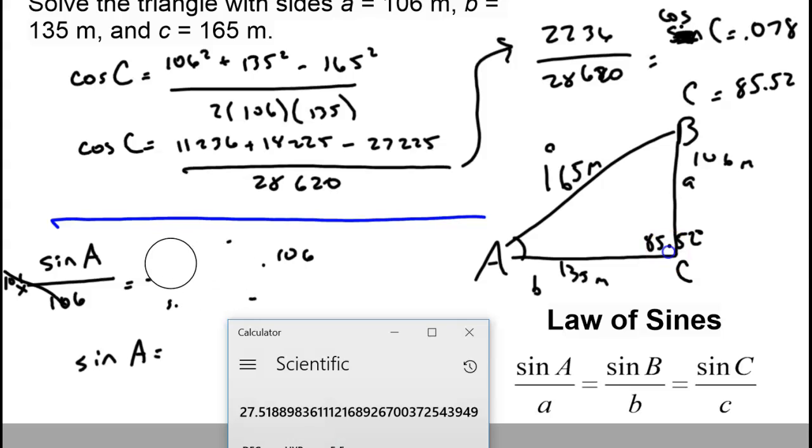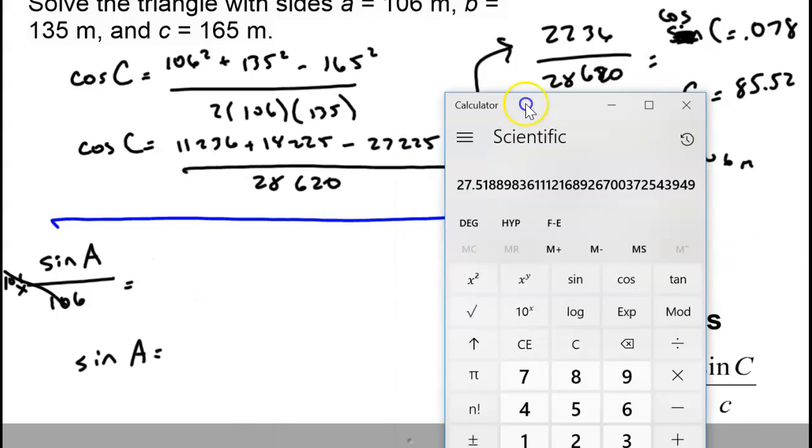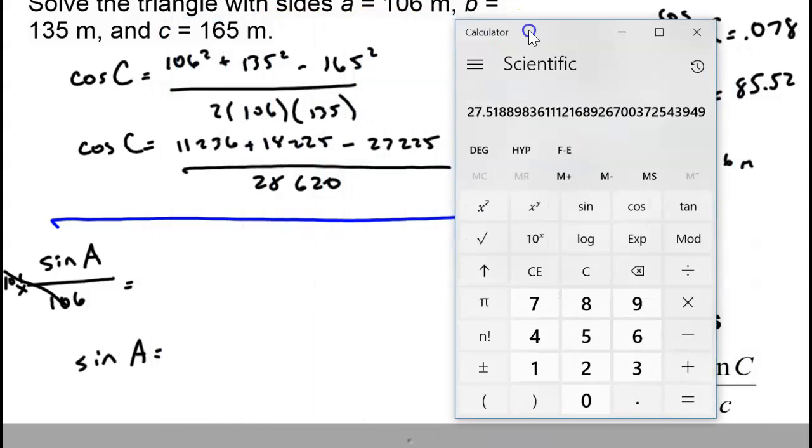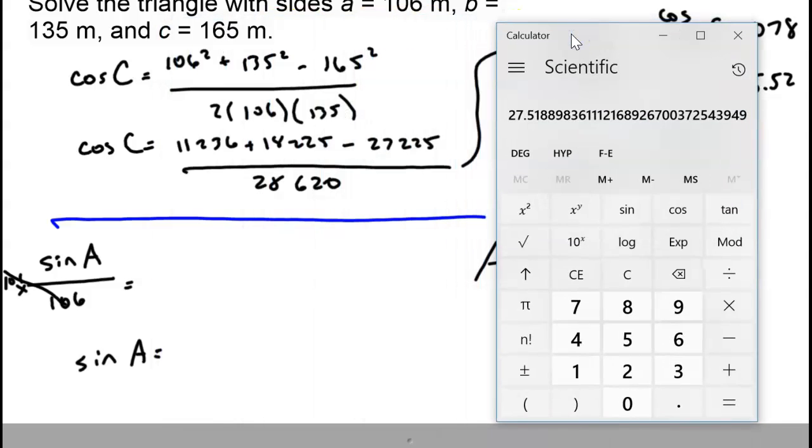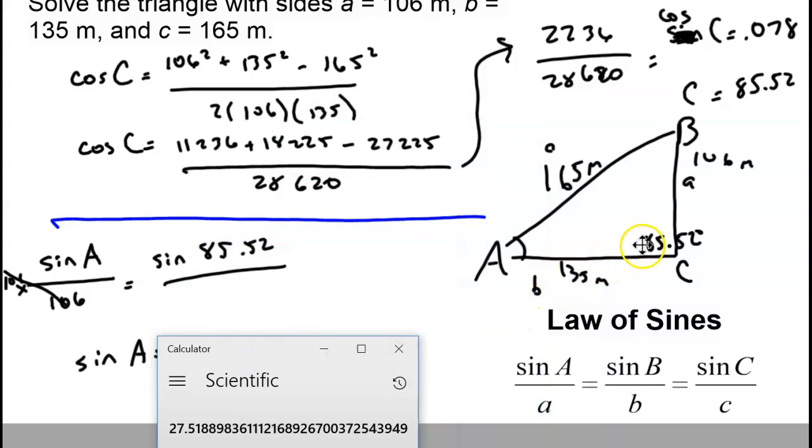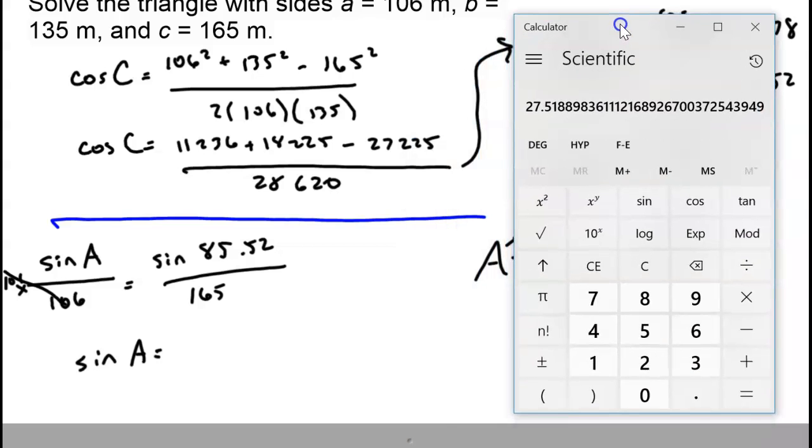Let's go ahead then and get this corrected. And so this is what happens when you work too late at night, and so understandably, folks. So let's go ahead and set this up. We're going to go sine C, which is sine 85.52. Make sure I get it right this time. Sine 85.52 over 165 meters. Okay, now let's try to work this one out.